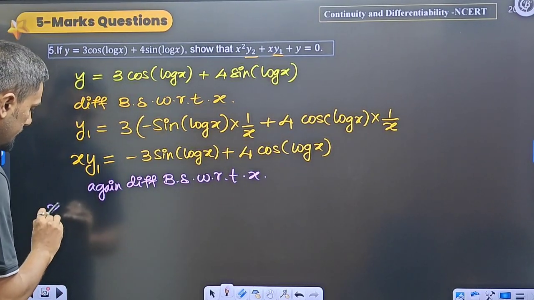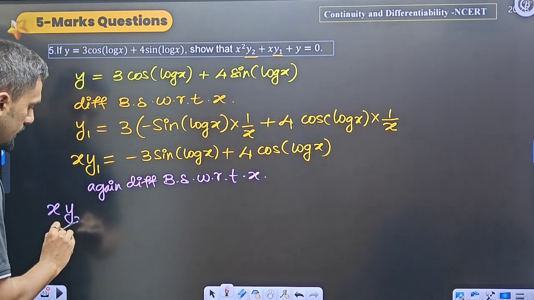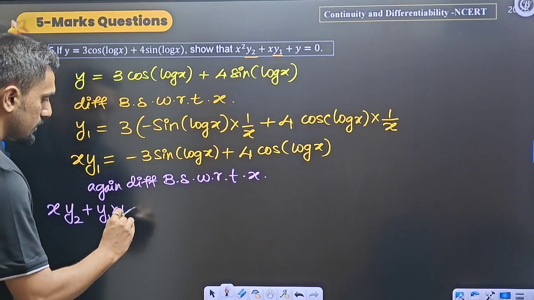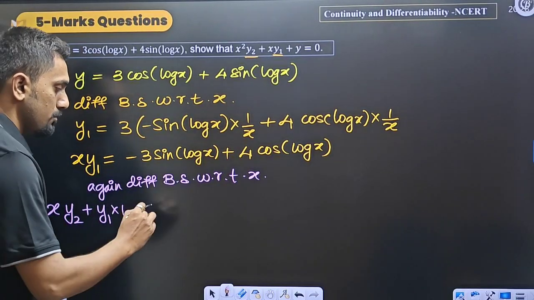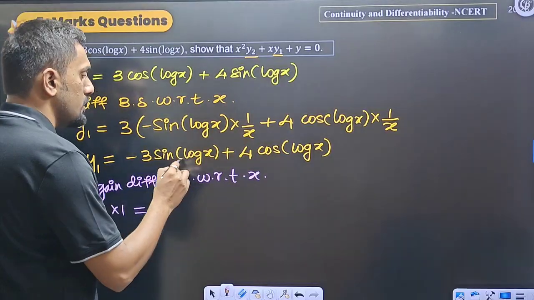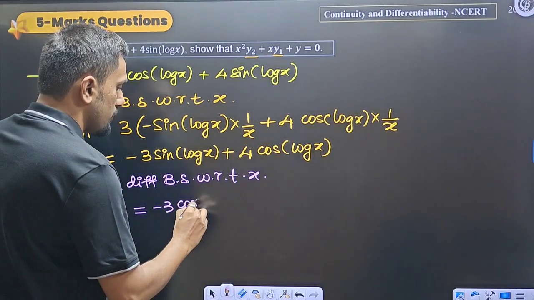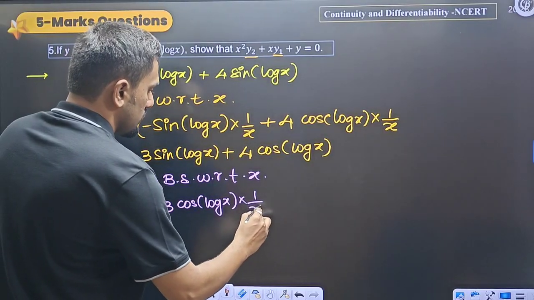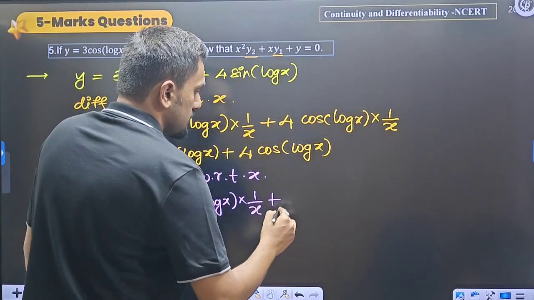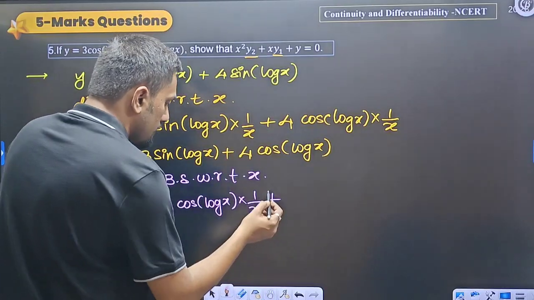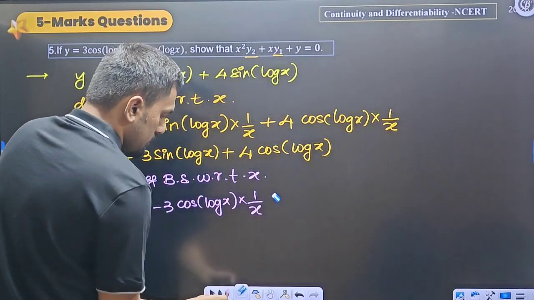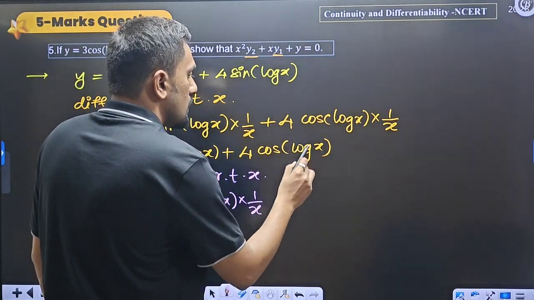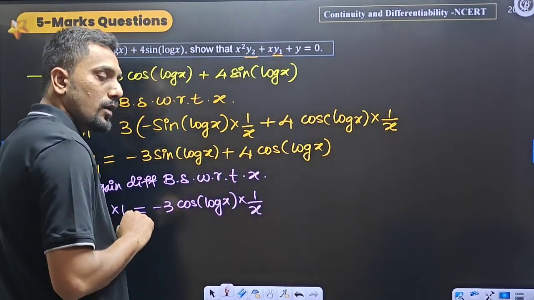First function as it is, x as it is, derivative of y1 is y2 plus y1 as it is, derivative of x will be 1 is equal to minus 3 as it is, derivative of sin of log x is cos of log x into derivative of log x, and that is 1 by x plus. Okay, so instead of writing plus, let me differentiate and multiply the sign. What is the derivative of cos of log x? Minus sin of log x, right?